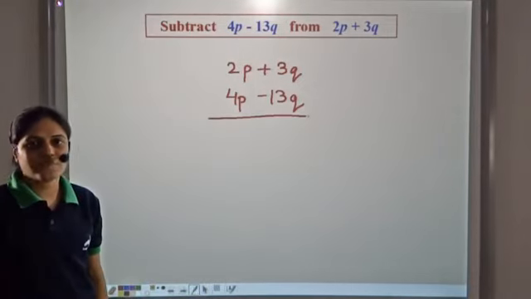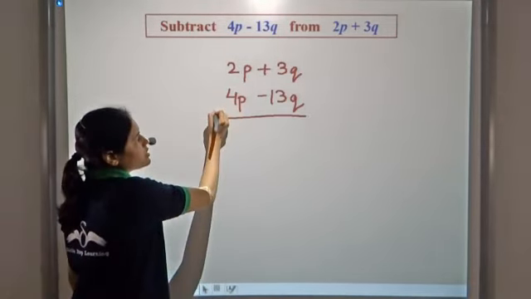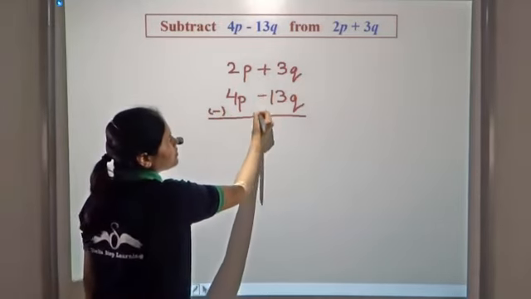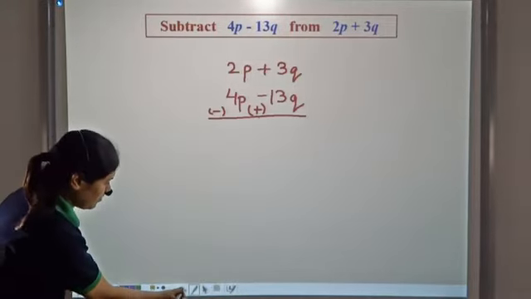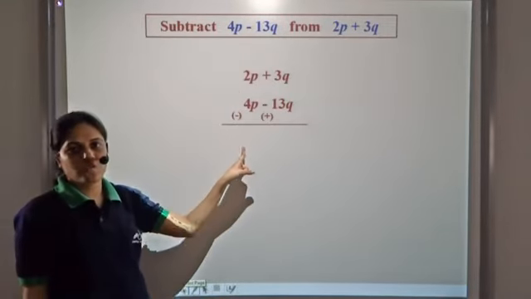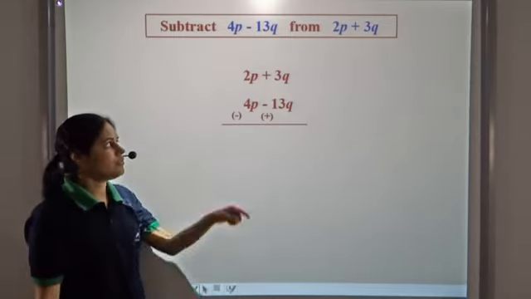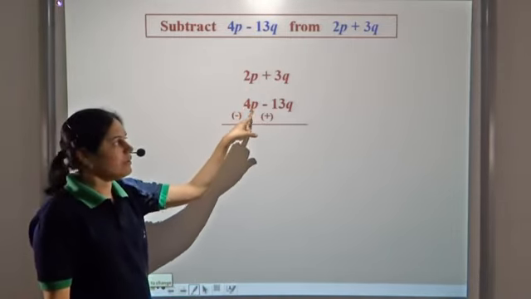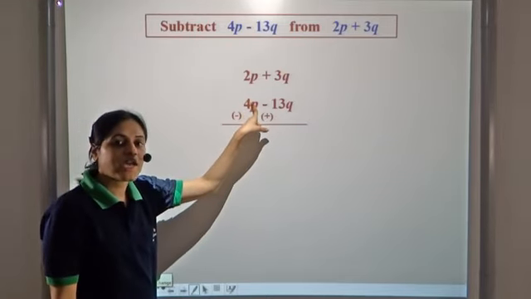And since this is subtraction, we need to change the sign. Since this is positive, this becomes negative. This is negative, this becomes positive. So this is what we have. Now we can do what we did in addition. So 2p minus 4p. Remember, this is not plus 4p now because we need to subtract it.